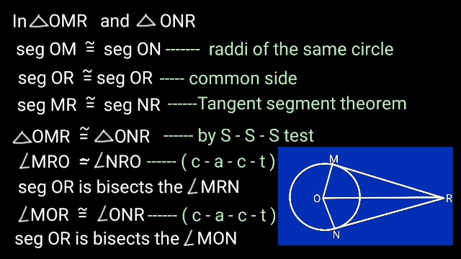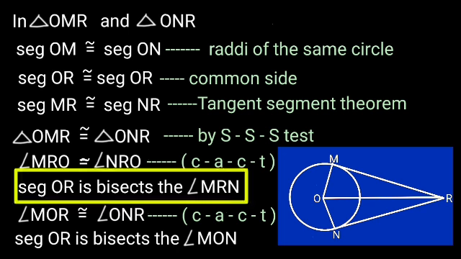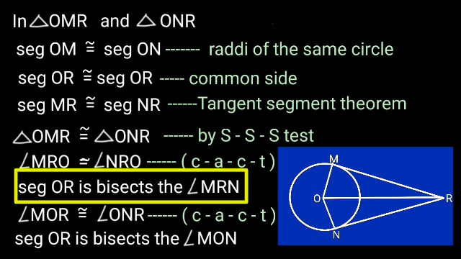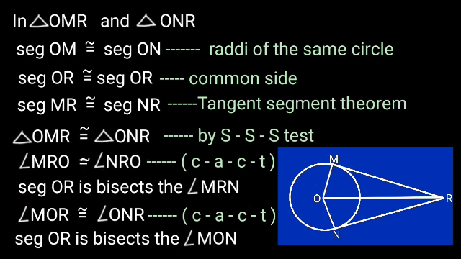Hence, triangle OMR is congruent to triangle ONR by SSS test. If two triangles are congruent, then their corresponding angles are congruent. Hence, angle MRO is equal to angle NRO, congruent angles of congruent triangles.